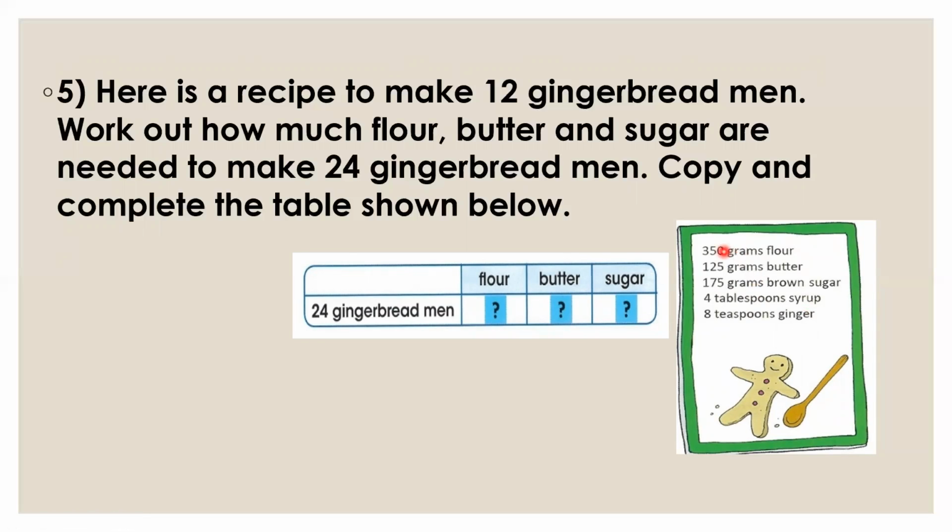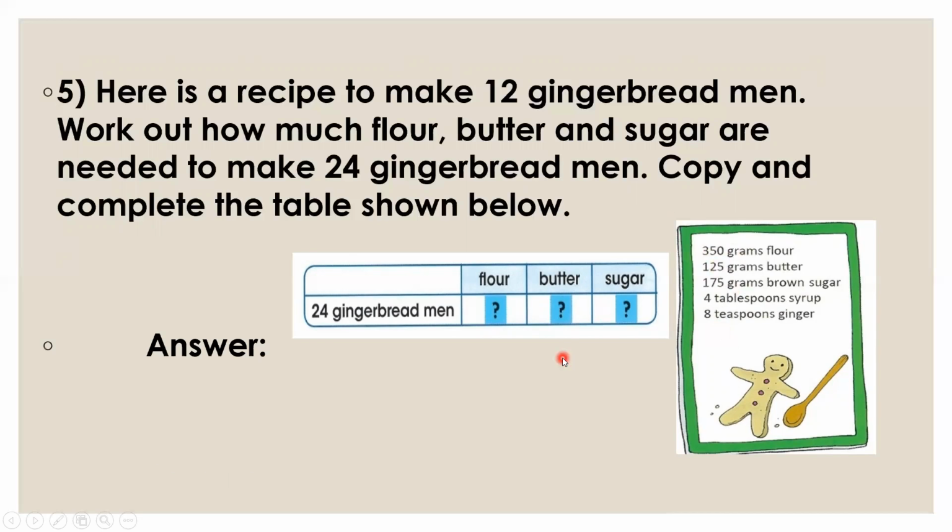So for making 12 gingerbread men, you need this much of all quantities. For 24 gingerbread, how will you find it? Just double each of these quantities, because the double of 12 is 24. So they already gave the quantity for 12 gingerbread. For 24, we just double each quantity. So we will get the quantity needed for 24 gingerbread men.